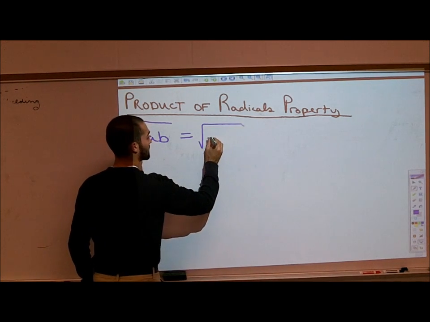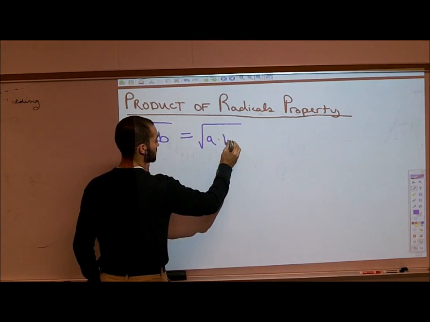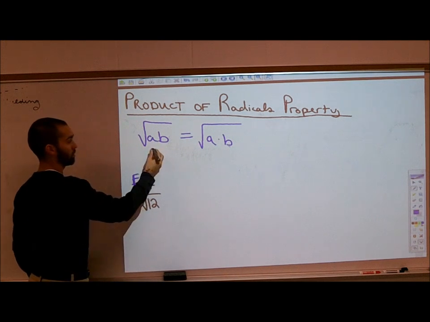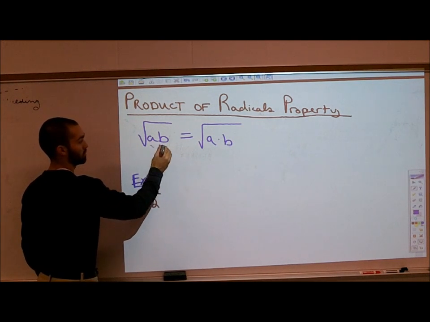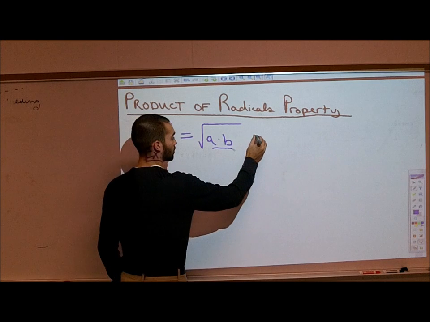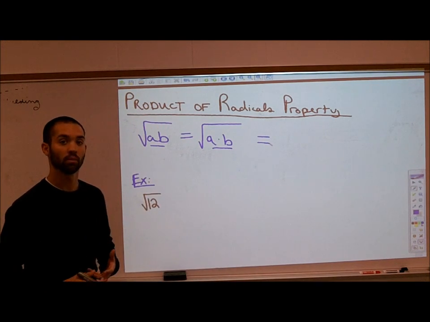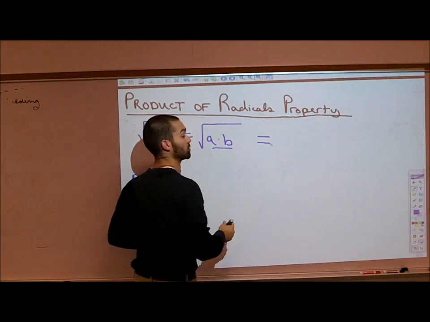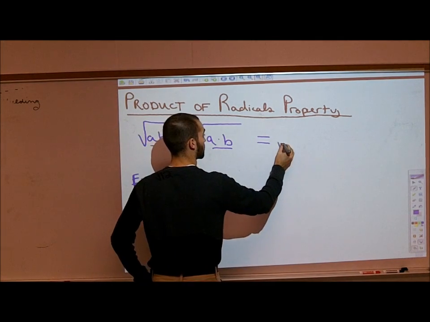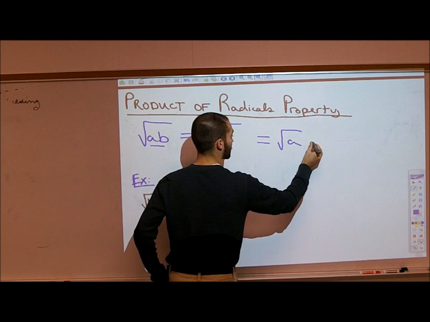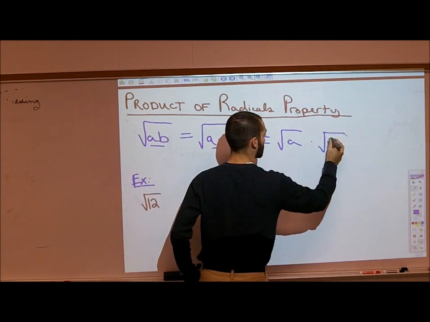Well, it is A times B. So the radical of a multiplication problem is equal to the multiplication of 2 radicals, excuse me. The square root of A times the square root of B.